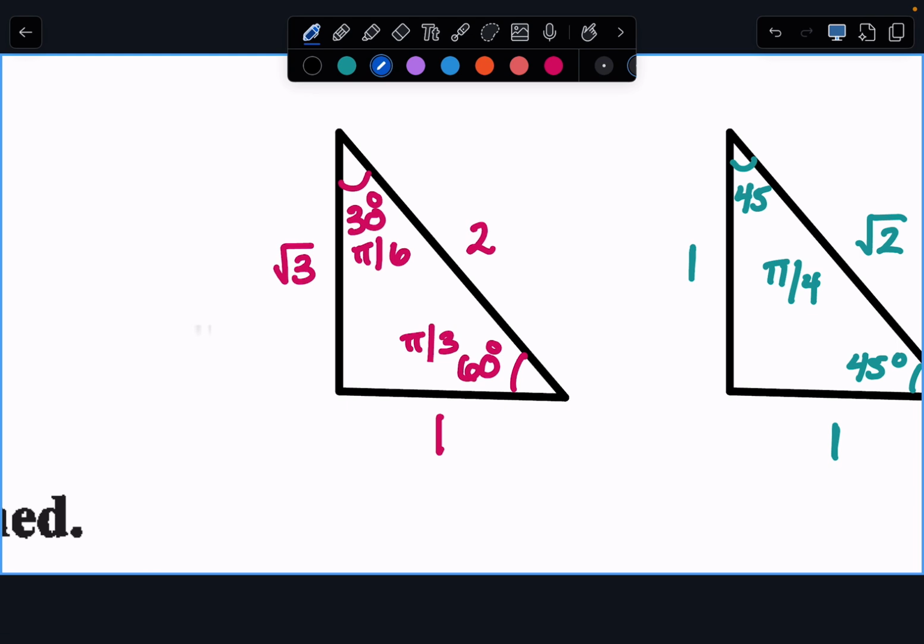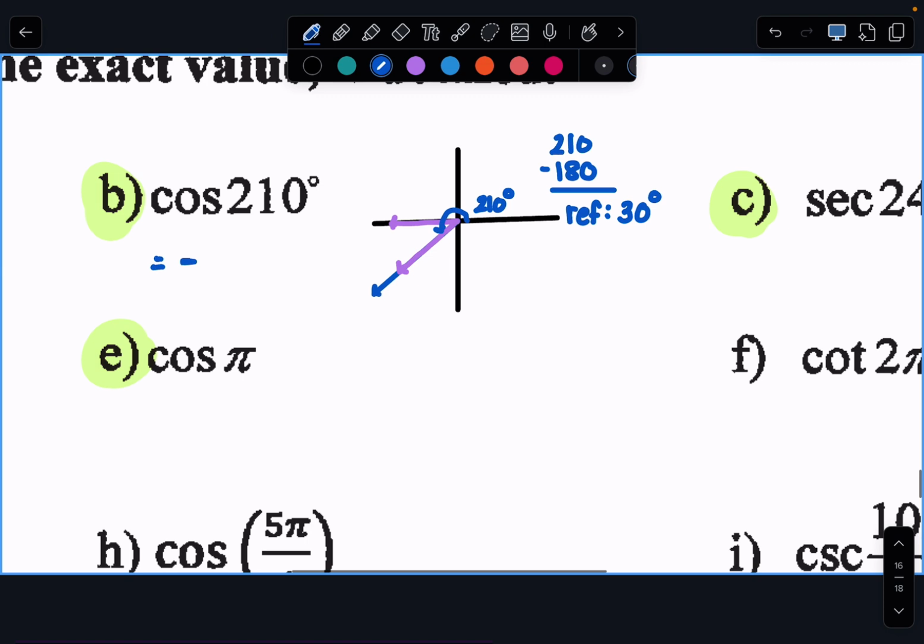If on the sheet of paper that I gave you, you need to write opposite over hypotenuse, adjacent over hypotenuse, all that good stuff, write that out. I did not write that on that sheet, okay? But that should be something that is quick for us now, okay? So it's the square root of 3 over 2. So your answer that you would choose would be negative square root of 3 over 2.